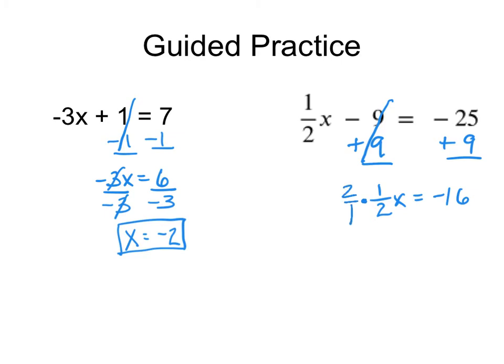Whatever I do to the left side, I have to do to the right. So I'm going to multiply by 2/1 over here, and I can put -16/1 if you want to make the two fractions. Now on this side of the equation, my 1's will cancel, my 2's will cancel, and I'm left with just an x on this side. And then on the right side, I have -16 times 2, which is -32.